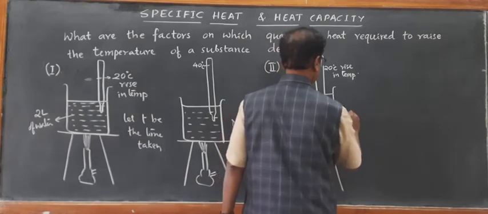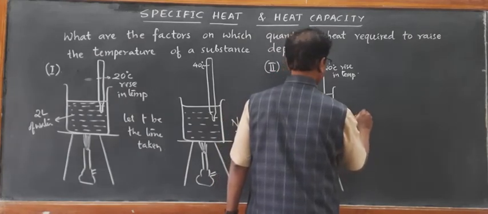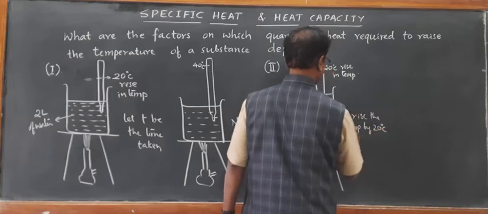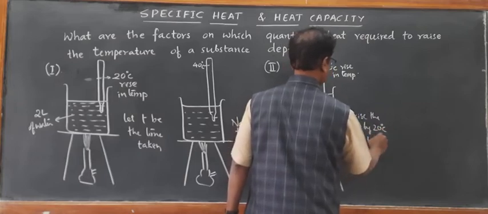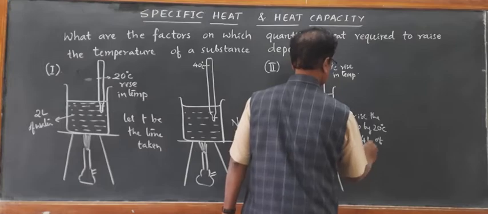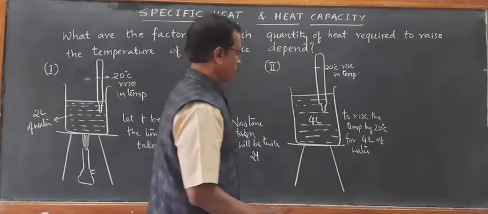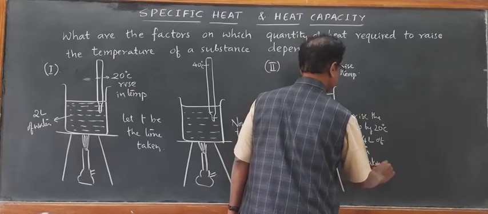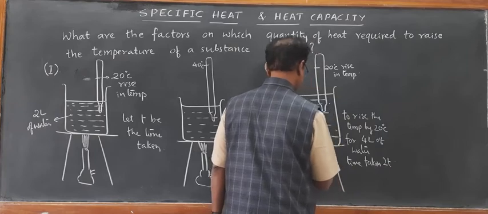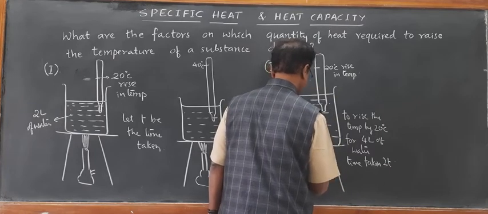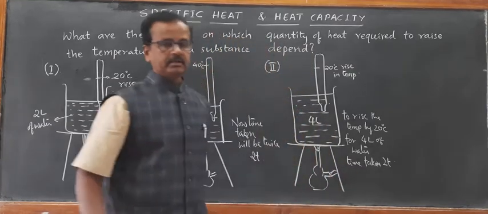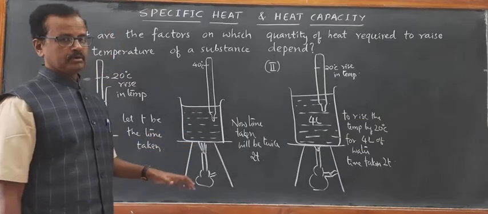So to raise the temperature by the same 20 degrees Celsius for 4 liters of water, the time taken will be 2 times T. Symbolically I am writing 2 times T. For 4 liters of water, you need to heat it still more.